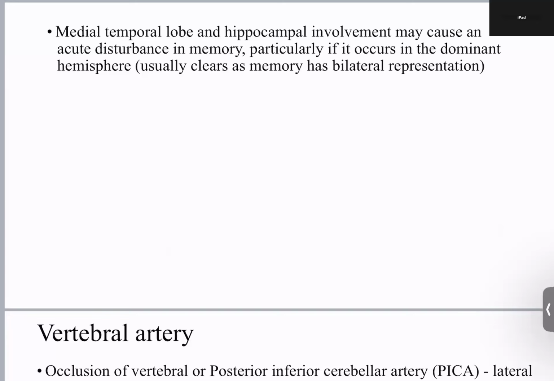Involvement of any part where the reticular activating system goes can cause it. So median thalamic strokes, pontine strokes, and large areas of infarct. A small stroke cannot cause LOC. A large stroke involving one entire part of the cerebellum can, or there may be LOC due to another reason.